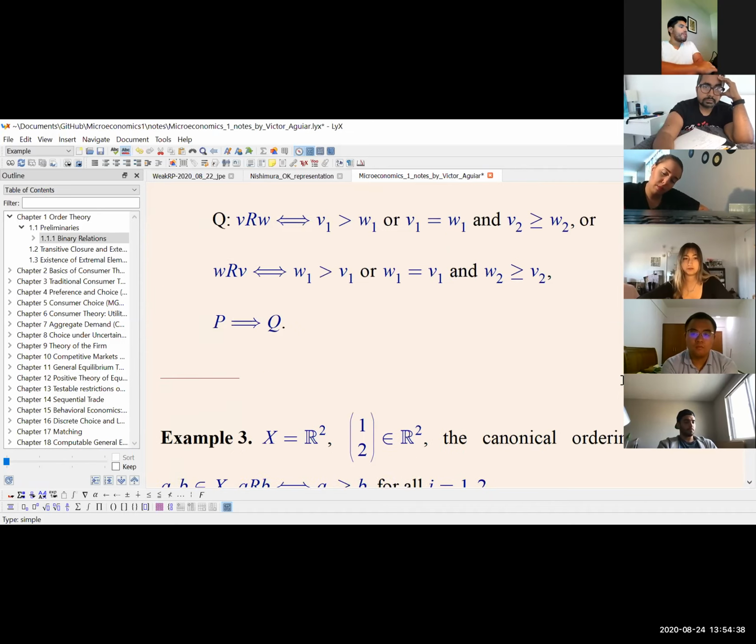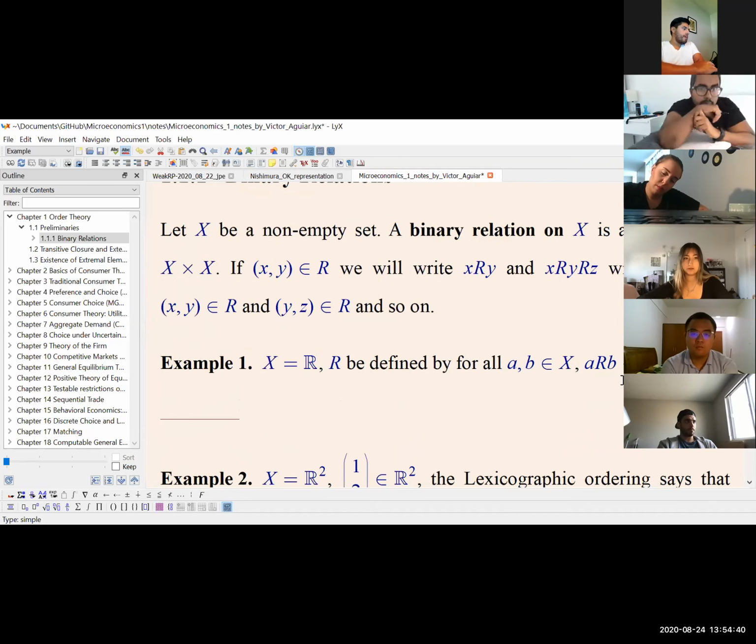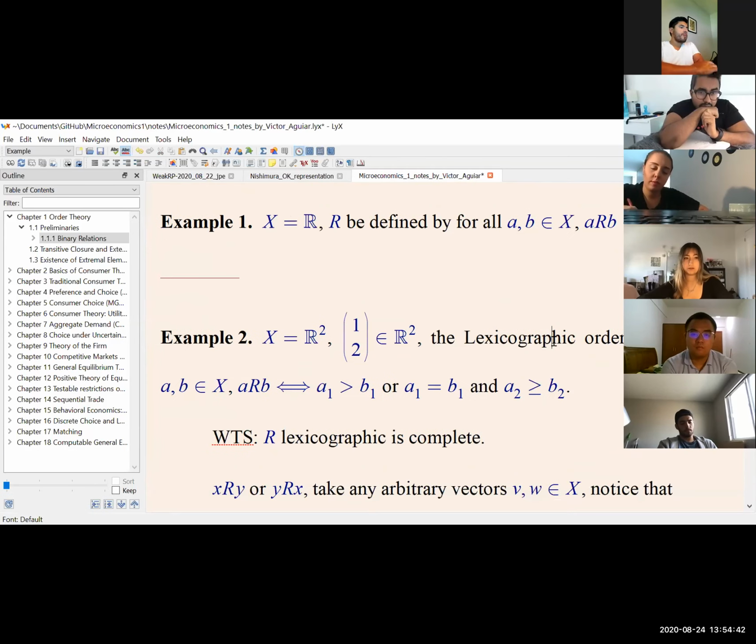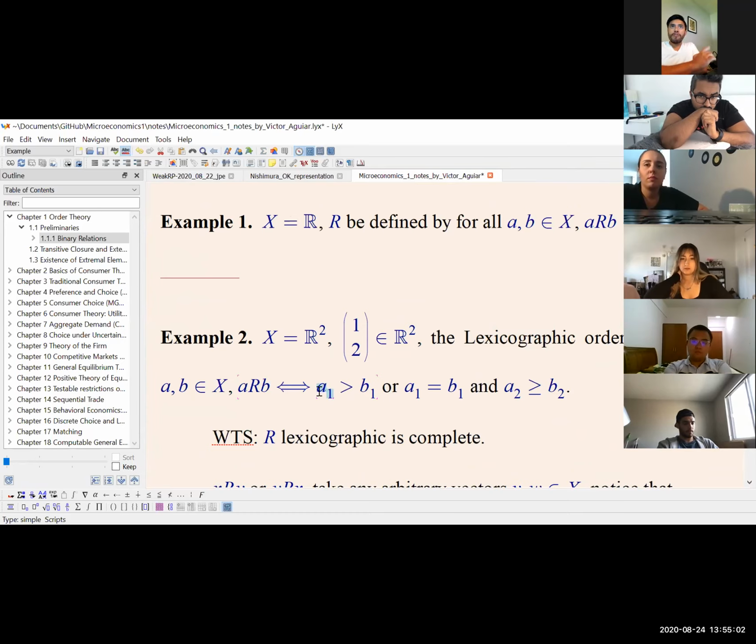Now, what about this other one, right? So I'm gonna do what is called a lexicographic ordering. And in this particular case, the way I'm gonna order this is that this person only cares about the sunny state of the world, right? In particular, the order is gonna say that A is better than B whenever the first entry of A is strictly better than the first entry of the second vector.